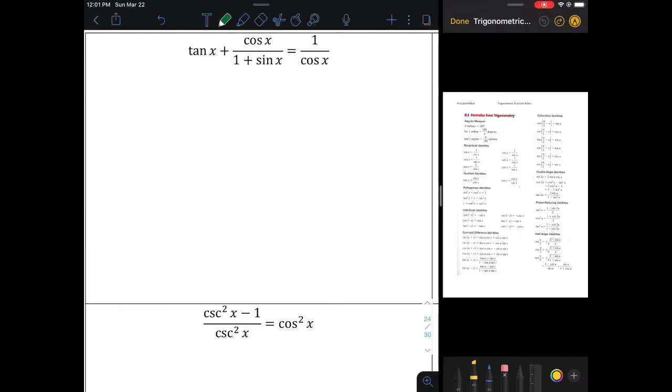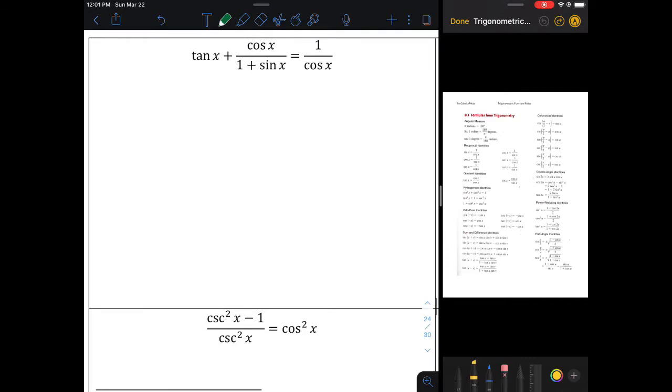So if I'm looking at this very first one, my end game here is to end up with 1 over cosine. So in terms of how to start this problem, I would try to make all of the functions involved have something dealing with cosine in it. The first one that comes to mind is tangent.